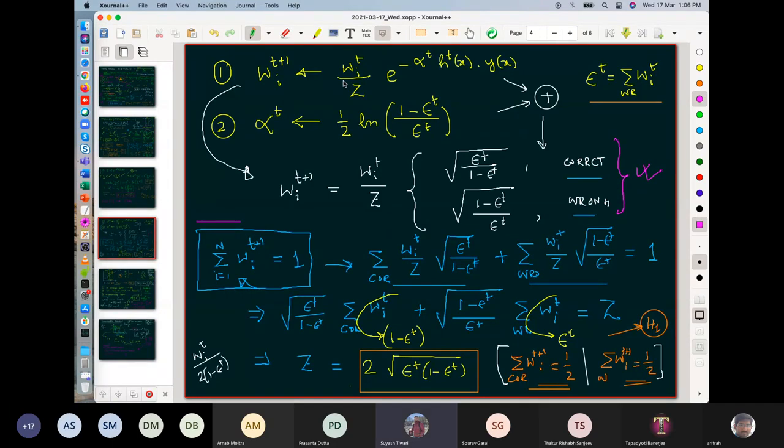So I'm a little bit confused here. To update the weights, we are using the third equation, right? Where root of epsilon_t upon 1 minus epsilon_t is written. Or are we using the first equation? No, we will use this equation. That is for sure. See, this epsilon_t is this one.